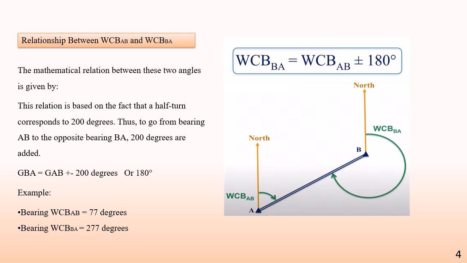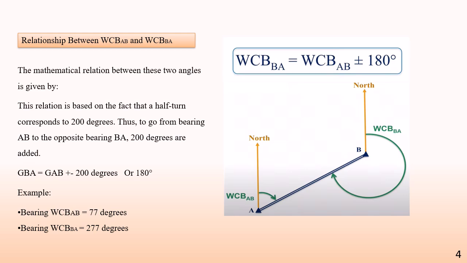The next slide talks about the relationship between the whole circle bearing of AB and the whole circle bearing of BA. From the side figure, when we extend the line AB, as you know from mathematics, we will get exactly the same angle of AB. These are corresponding angles, so they will have the same value. So this is the whole circle bearing of AB. Now, our aim is the whole circle bearing of BA, which is a back bearing.